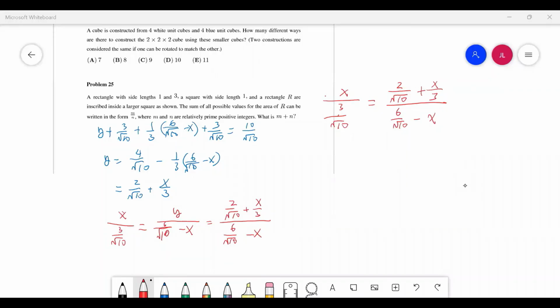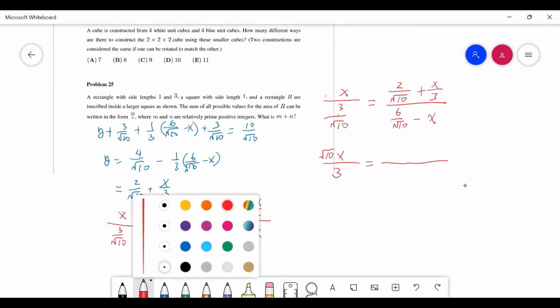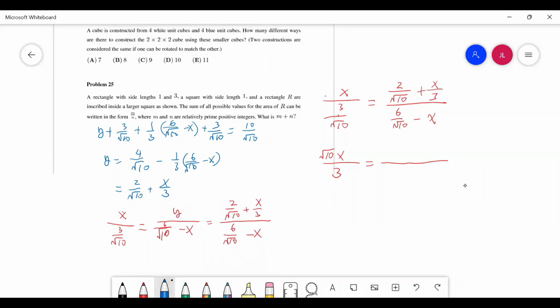Okay, now we got a proportion equation like this. Let's simplify this a little bit before we do the cross multiplication. Okay, so the left side, we can just take the reciprocal, that's going to be x over square root 10 x over 3. So which is equal to, on this side, I multiply the top and bottom both by 3 square root 10.